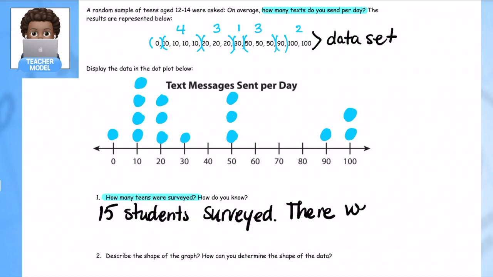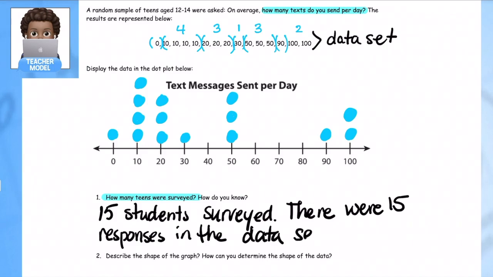And how do I know? There were 15 responses in the data set. That's it. You could have also counted it here and just gone 4, 5, 6, 7, 8, 9, 10, 11, 12, 13, 14, 15. Either way, you can just look at your data and do a count.